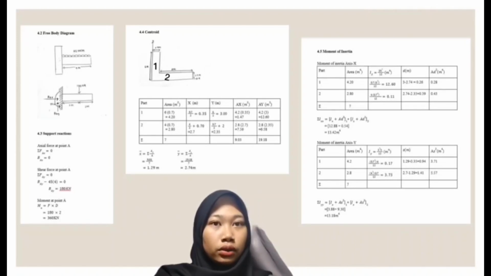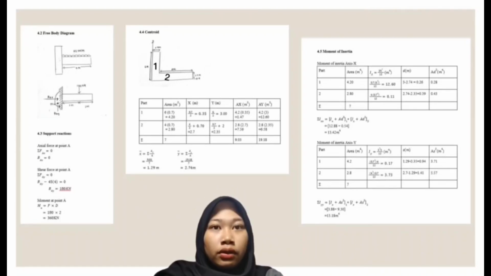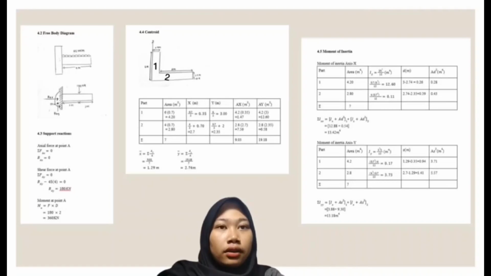Last, we total the area A, A times x and A times y. For centroid at the x-axis of the cantilever slab is total of AX divided by total of A, and we get 1.29. For centroid at the y-axis is total of AY divided by total of A, and we get 2.74.